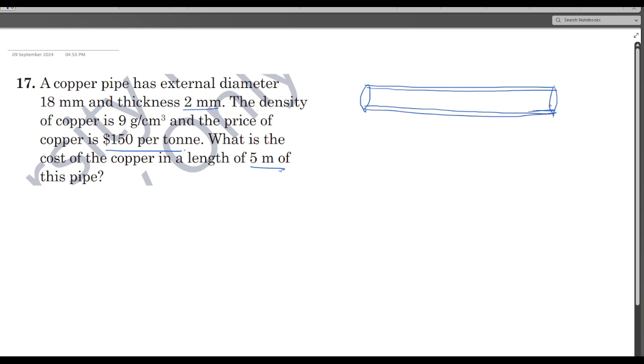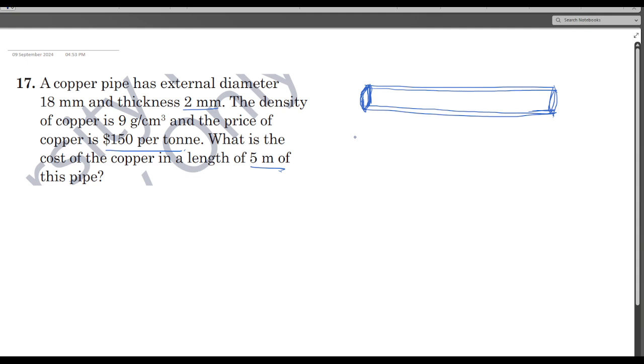So what we do, we first find out the volume of copper in this pipe, and then we multiply by density to get mass, and then that mass we convert in tons, and then we will multiply by 150. That will give you your answer. So let us first figure out this cross section area of the copper. It is nothing but outer circle minus inner circle.